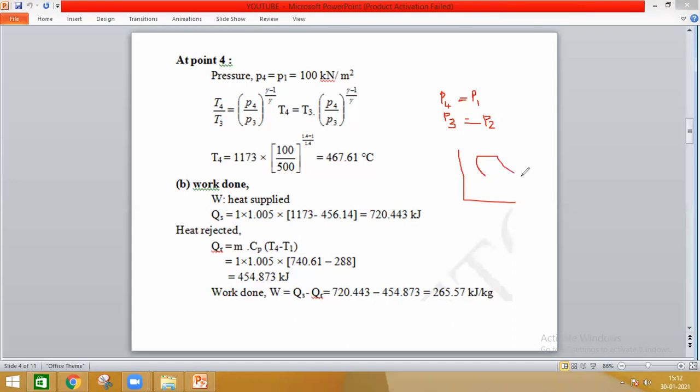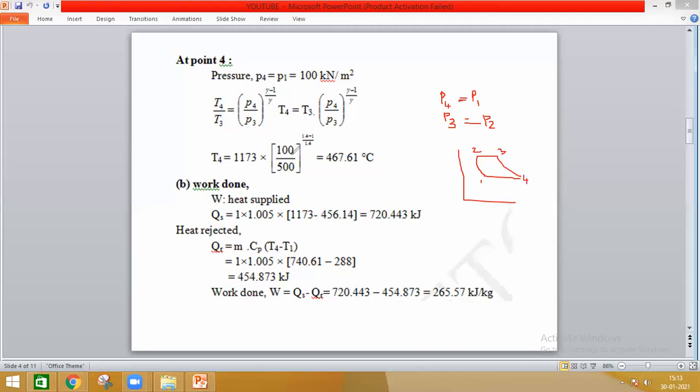This is 1, 2, 3, and 4. You can see that here the pressure P4 is equal to P1, pressure P3 is equal to P2. So we are going to substitute the value of P1 and P2 instead of P4 and P3. So P4 is 100 kilonewton per meter square.